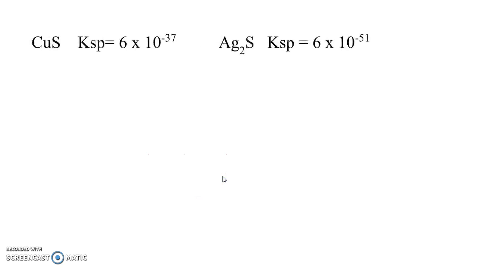Now, another example of this would be comparing copper(II) sulfide to silver sulfide. So I have 6 times 10 to the negative 37th, and this is 6 times 10 to the negative 51. Again, looking at those two numbers, you're going to be asked which salt is more soluble.